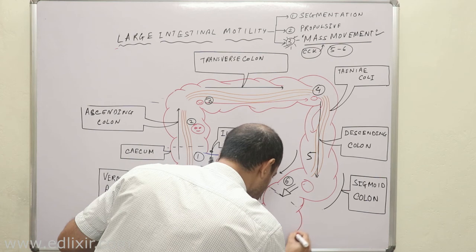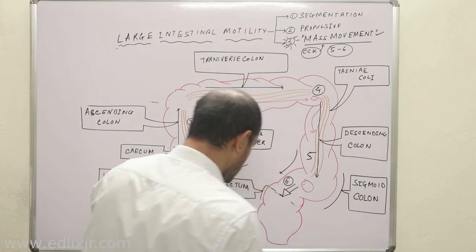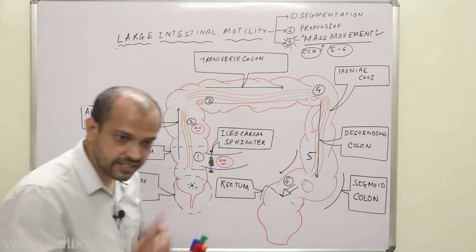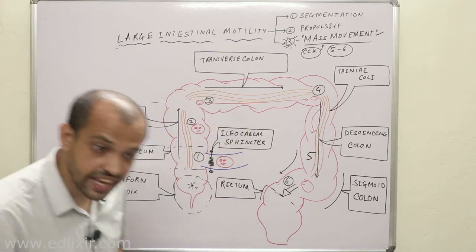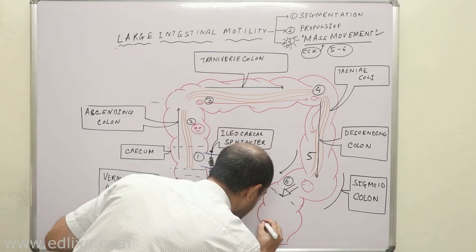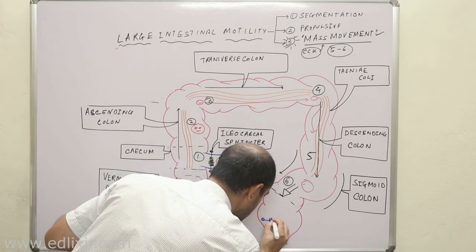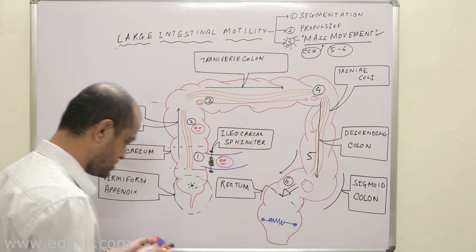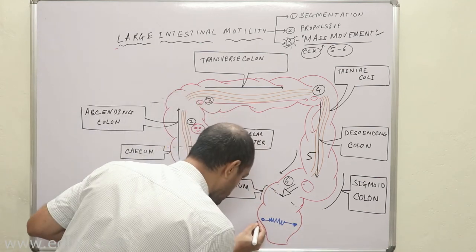Okay, suppose this is your anus. In an anus actually there are internal anal sphincter as well as external anal sphincter. It's a very vague diagram, but I am drawing this for you only, so that you can understand. Actually, this is not the right way to draw it, okay?